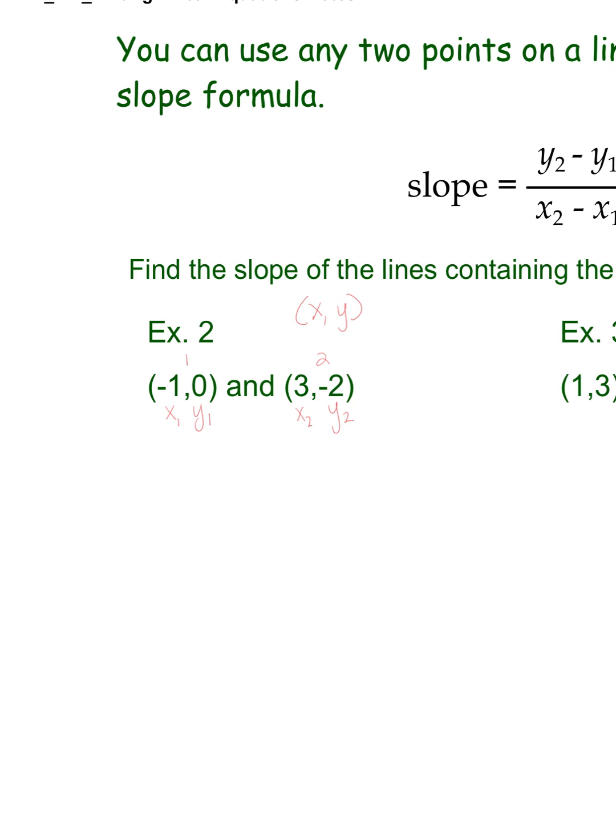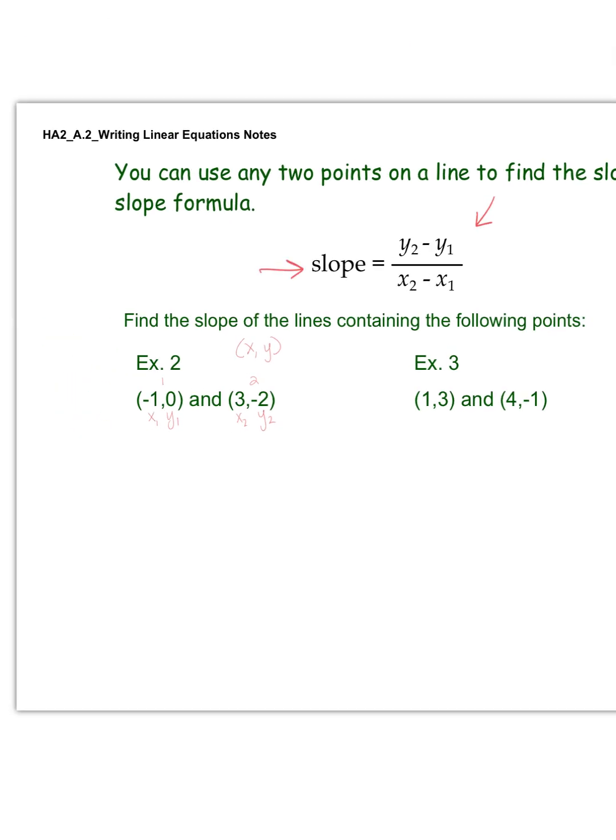So if we plug this into our slope formula, which is up here, so y2 minus y1 over x2 minus x1. So -2 minus 0. Minus a negative is plus, always simplify, so our slope value is -1/2 there.